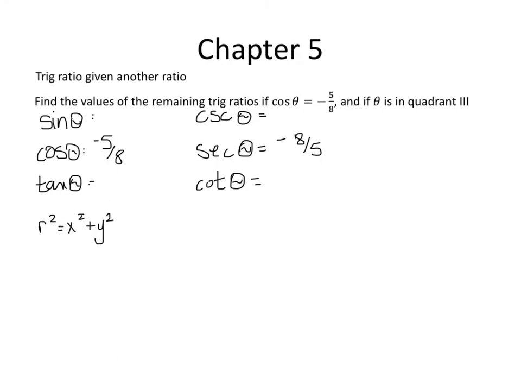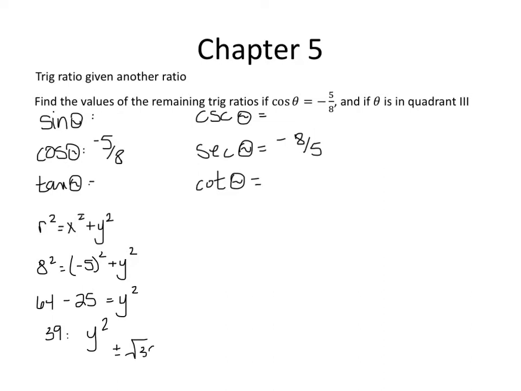And for cosine, this is x over r, so r is 8. So y is equal to plus or minus square root of 39.